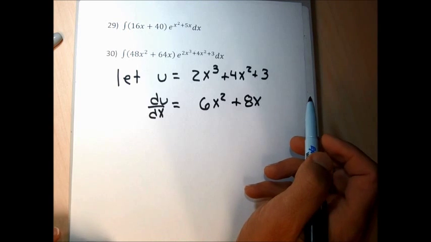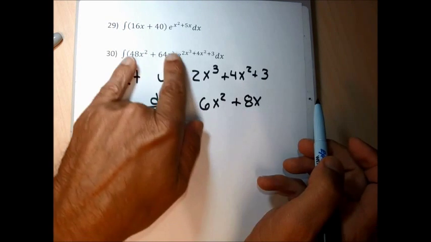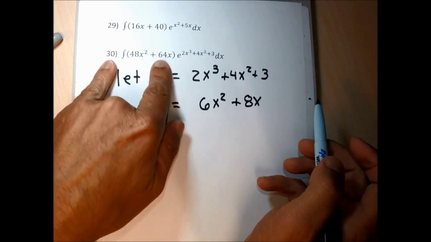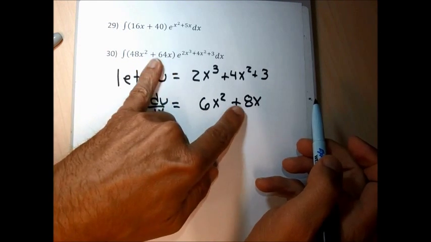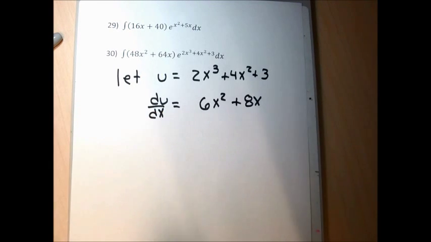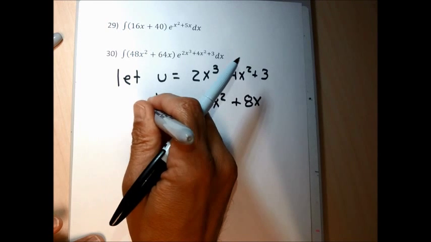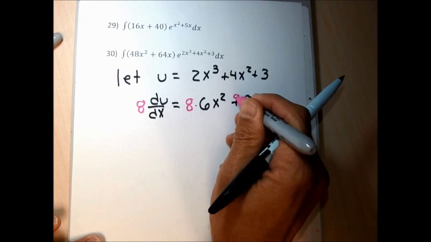And then I ask myself, that doesn't look exactly like this. Do I have to multiply or divide to get this to look like this? I know that 6 times 8 is 48, 8 times 8 is 64. I think I just need to multiply everything by 8. So I'm going to multiply by 8, by 8, and by 8.